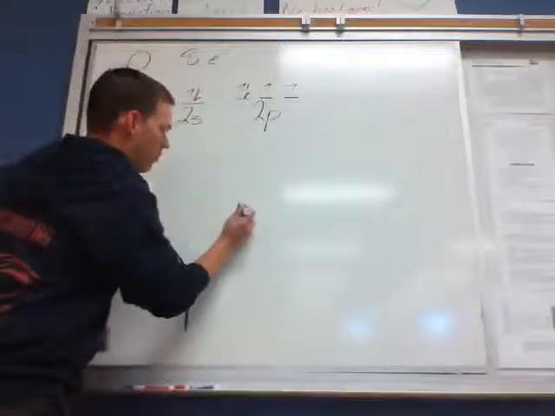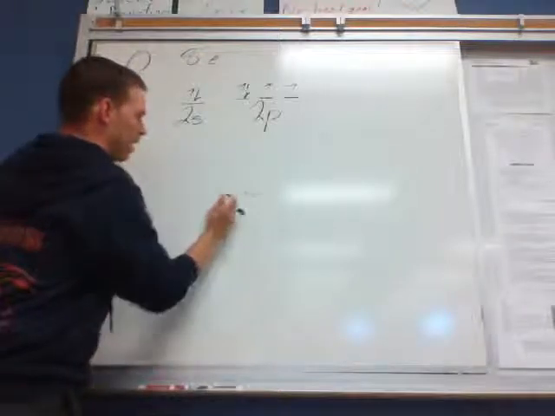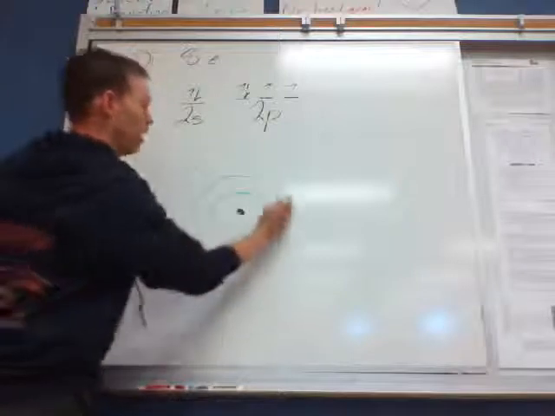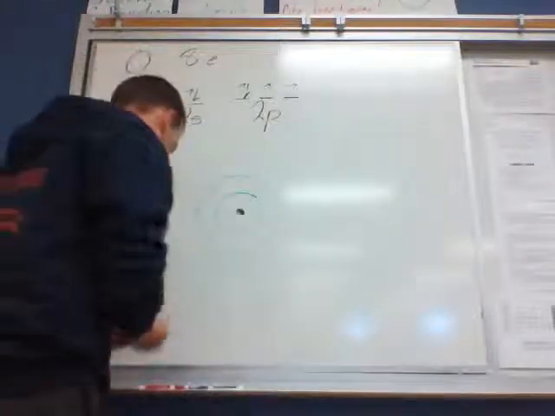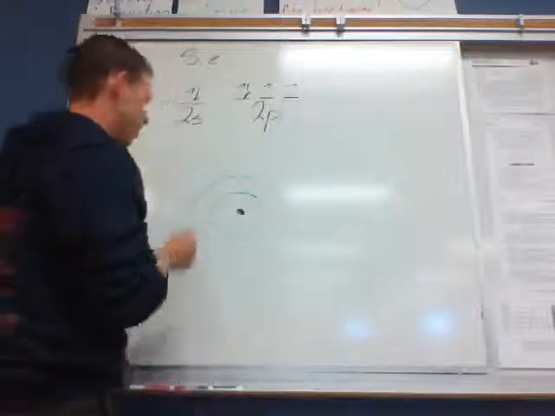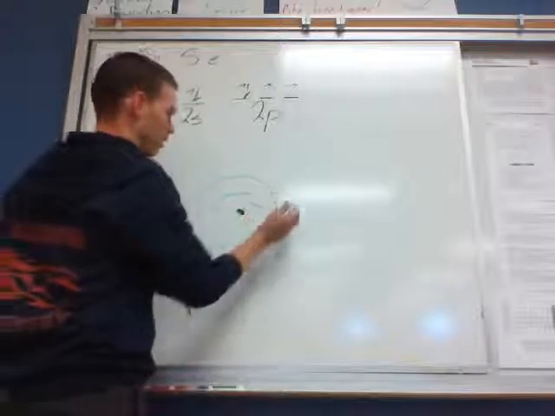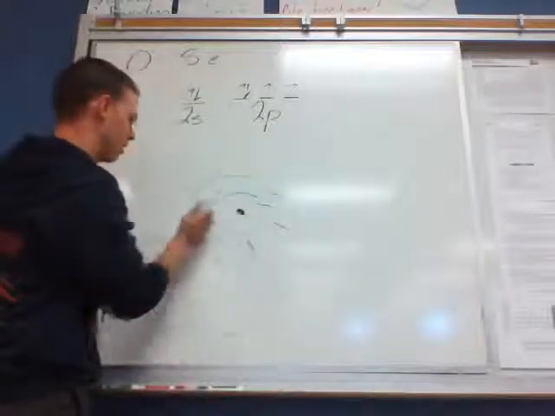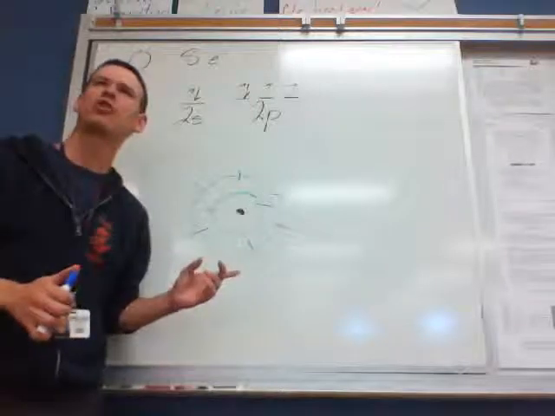If I were to draw an atom with the nucleus there in the middle, all right, what are these guys right here? What are they called? Orbitals. All right, remember the orbitals are where the electrons exist. And I were to draw some electrons, that's oxygen. Do you see how that kind of represents oxygen?